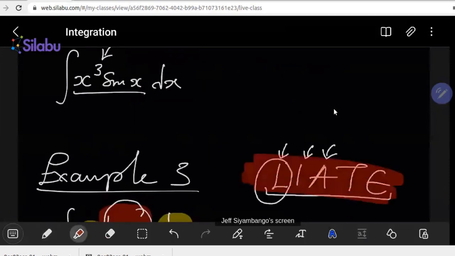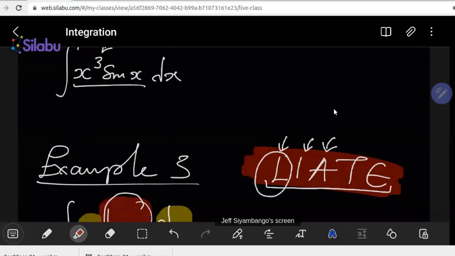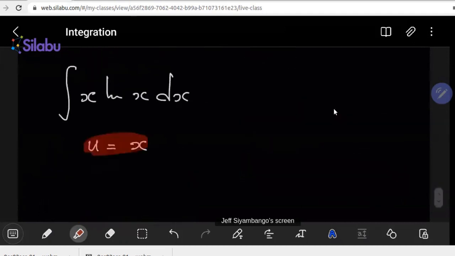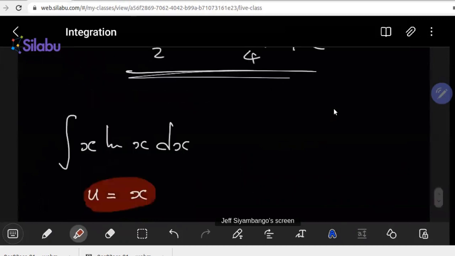It should be easy to evaluate, yes. Now, try to see if you can work it out with u being equal to x. Try to see if it will be easier than what we had. But from what that rule says, it will be a little bit more difficult if you chose this path. But I'll let you guys experiment with it.